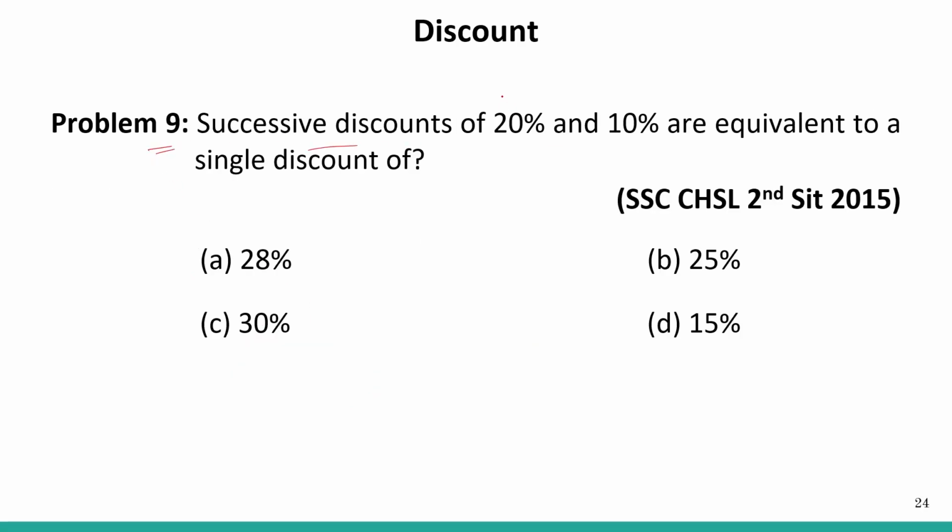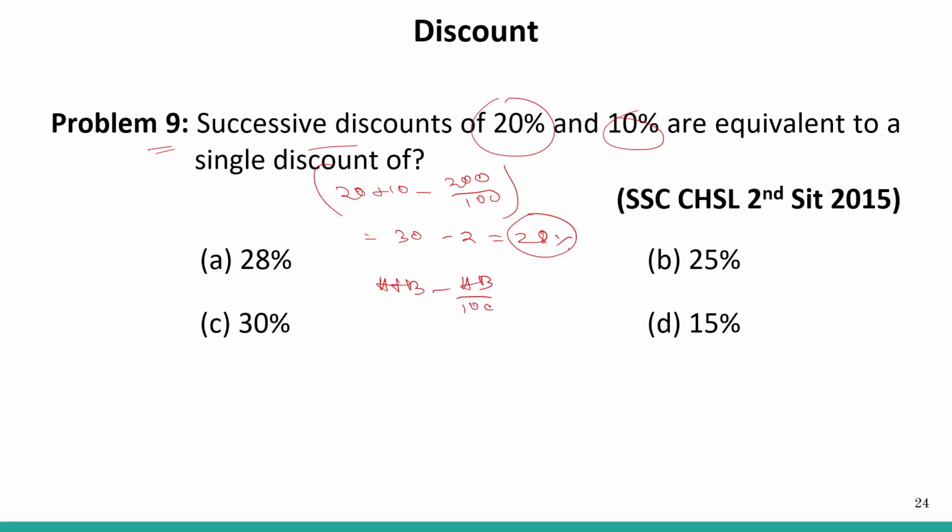Successive discounts of 20% and 10% are equivalent to what? So 20 plus 10 minus 200 by 100. This will be 30 minus 2, which is equal to 28%. This question is very repetitive and has come very often. So just remember the formula a plus b minus ab by 100. When you are given two successive discounts, their equivalent discount will be this much amount.